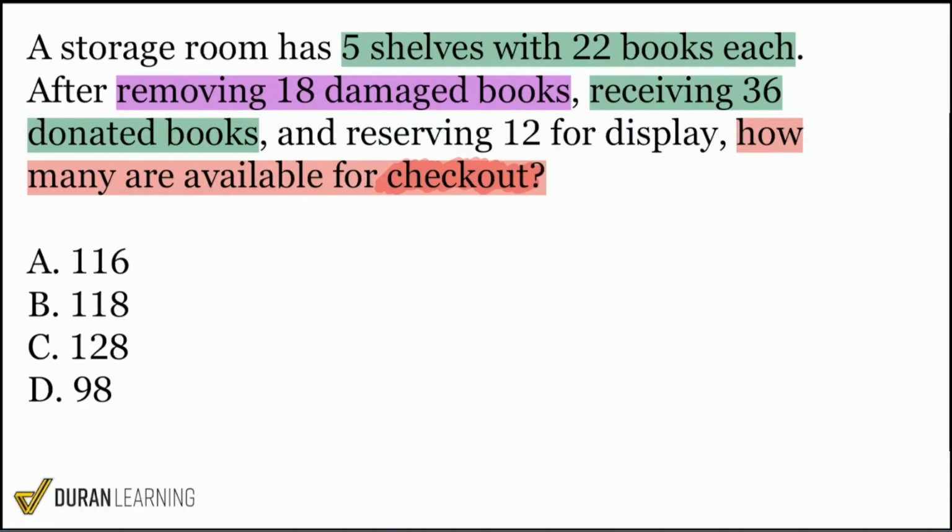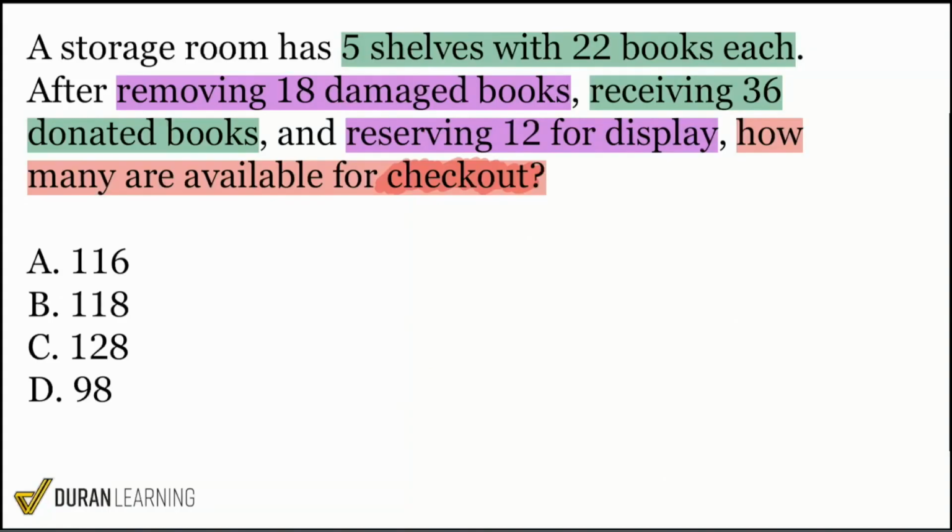Not quite, right? If they're reserved for display, it means that its purpose is being saved for something other than being checked out. We reserve 12 for display, which means that we will not count those 12. So in green, we have the books that we can count, and in purple, we have the books that we need to take away.